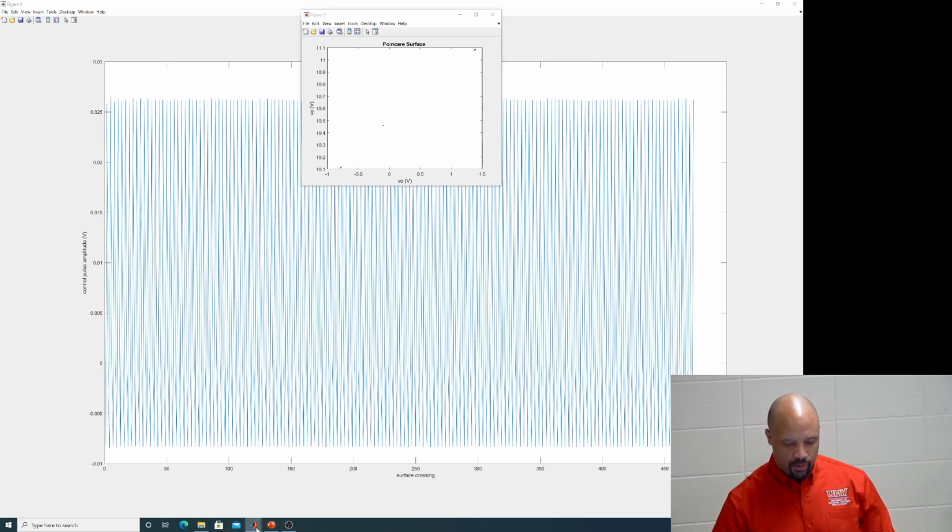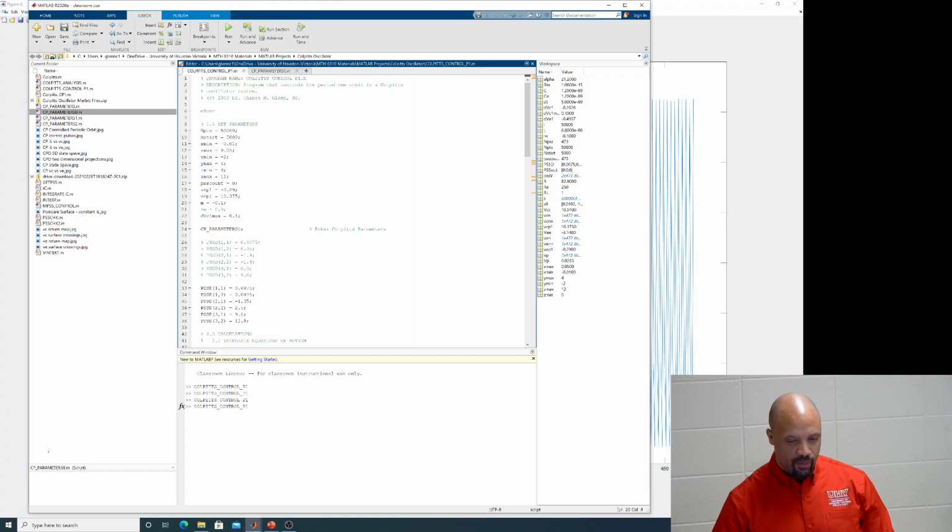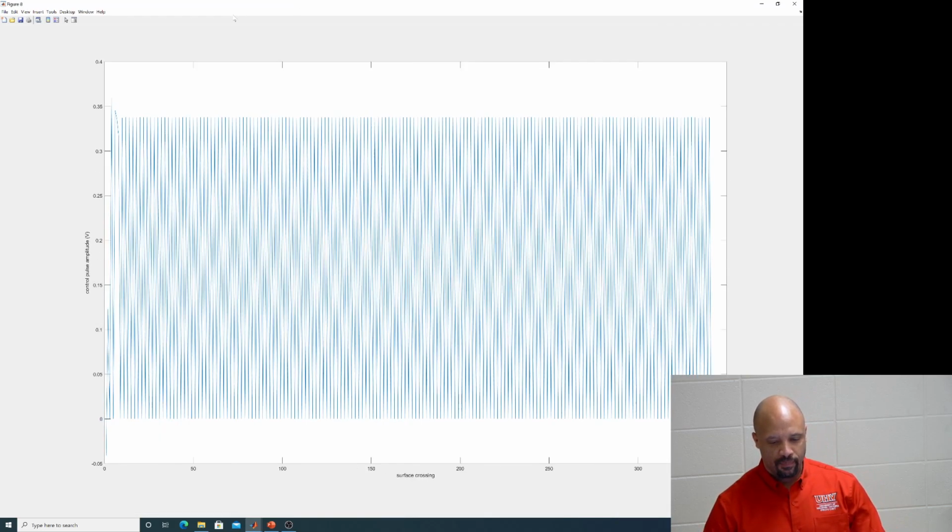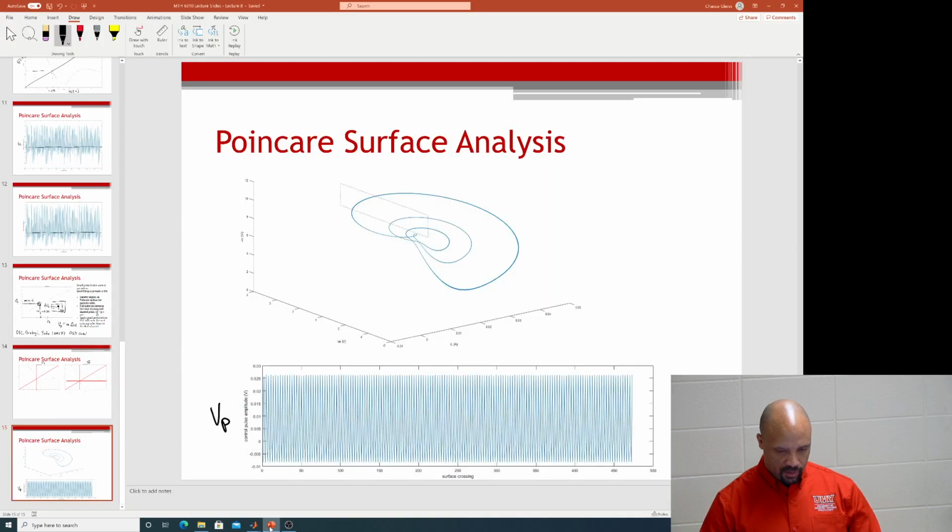Now, you can also take this and play with it. Even if I say apply a bigger pulse, I'm not sure what it's going to do. It looked like it's done some terrible things to the plot. Let me see. No. Nope.